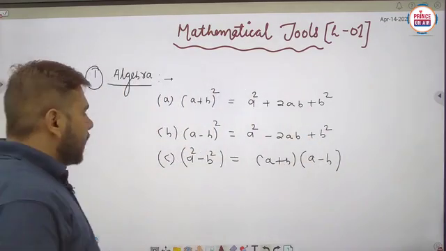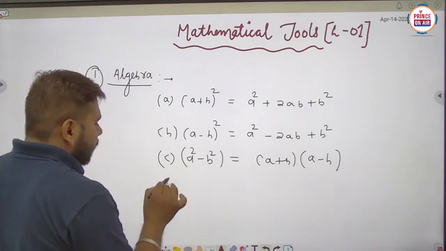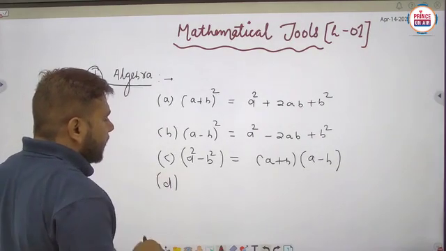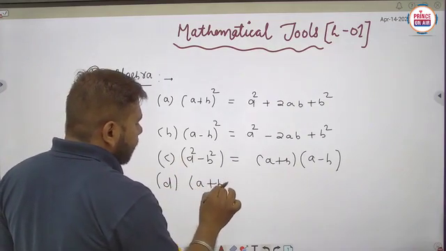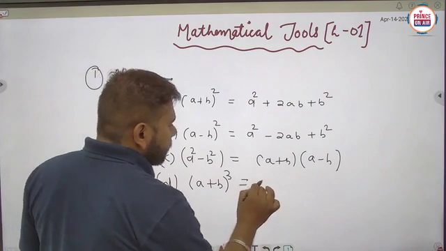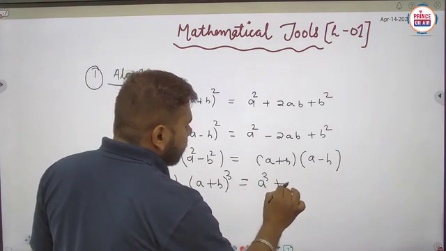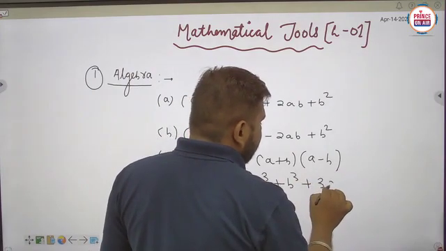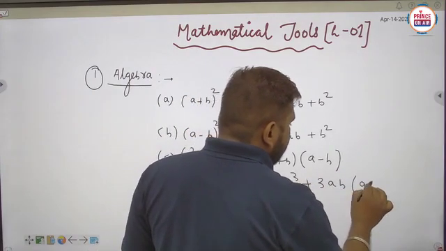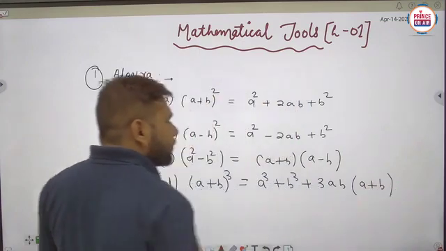Clear beta? Now the next formula, (a + b) whole cube, that is equal to a cube plus b cube plus 3ab into (a + b).